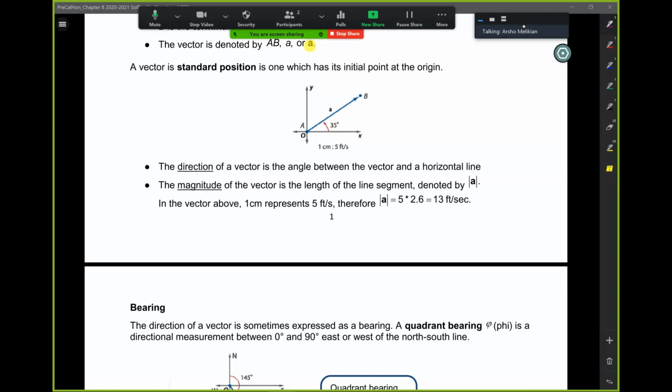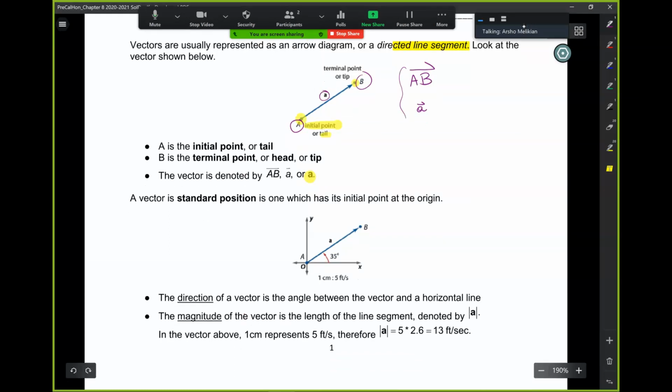It doesn't have to be one of the letters of the terminal and initial points, but the capital letter one does. So I could have another vector like this, OT, but I could call it m, or you could call it capital OT with the arrow.